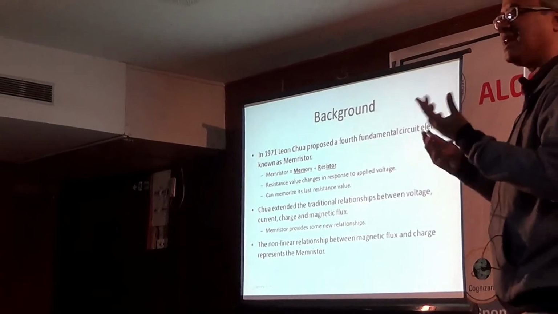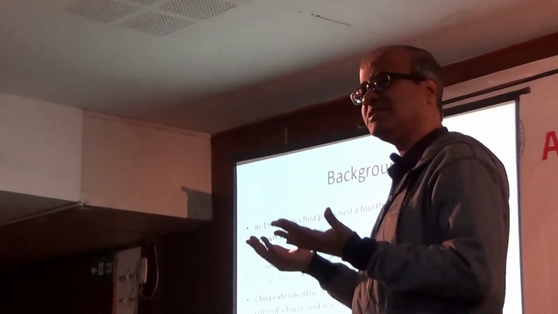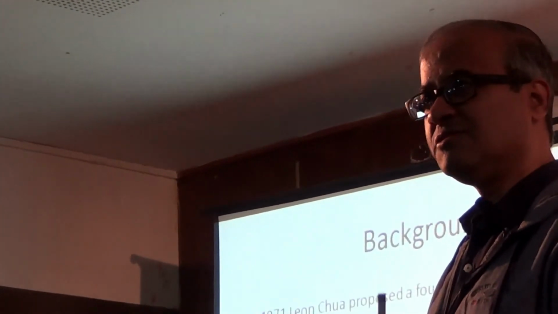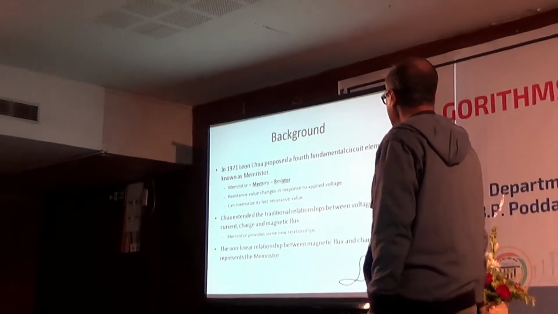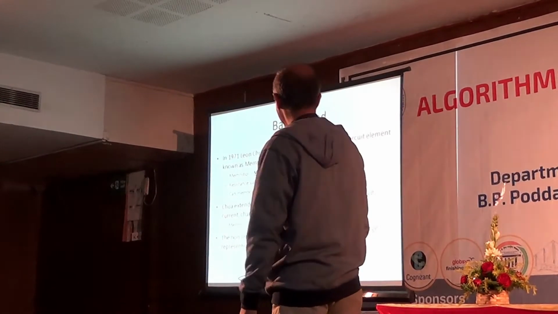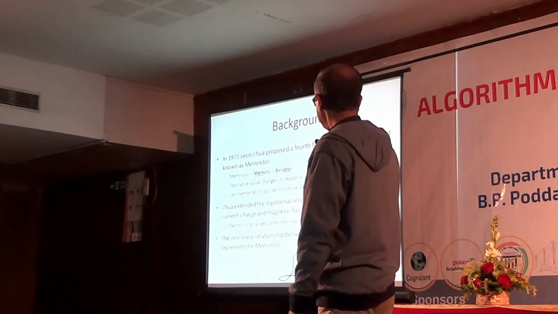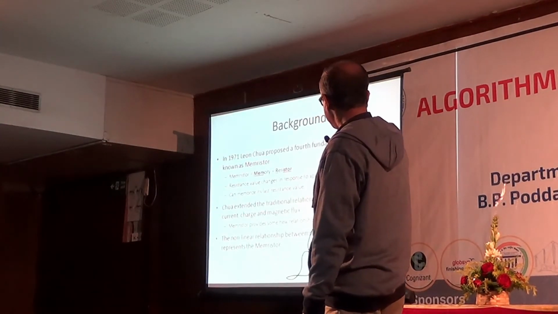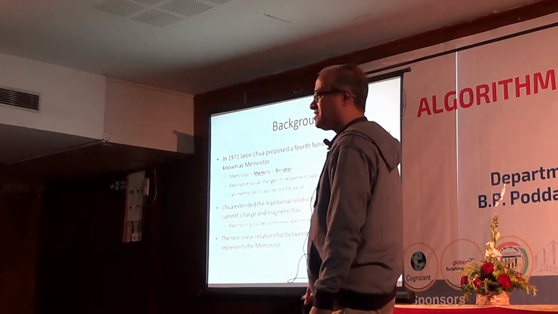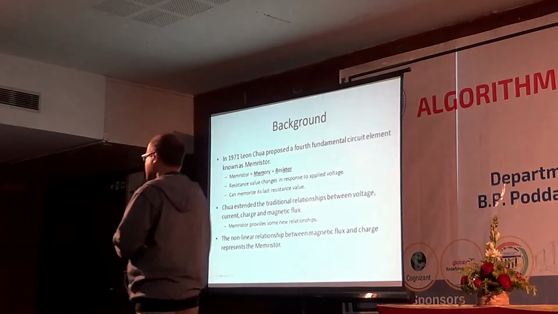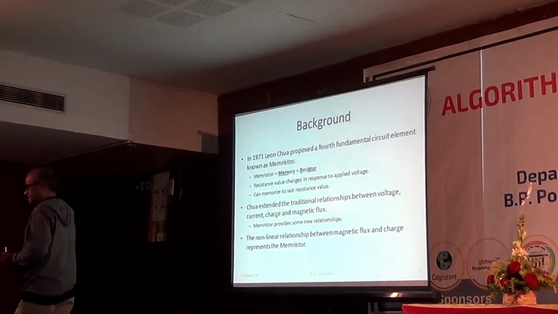So the device can memorize the last resistance value. This has opened up immense possibilities and applications, some of which we shall be talking about. Memristor essentially defines a relationship between magnetic flux and charge, which was so far missing.